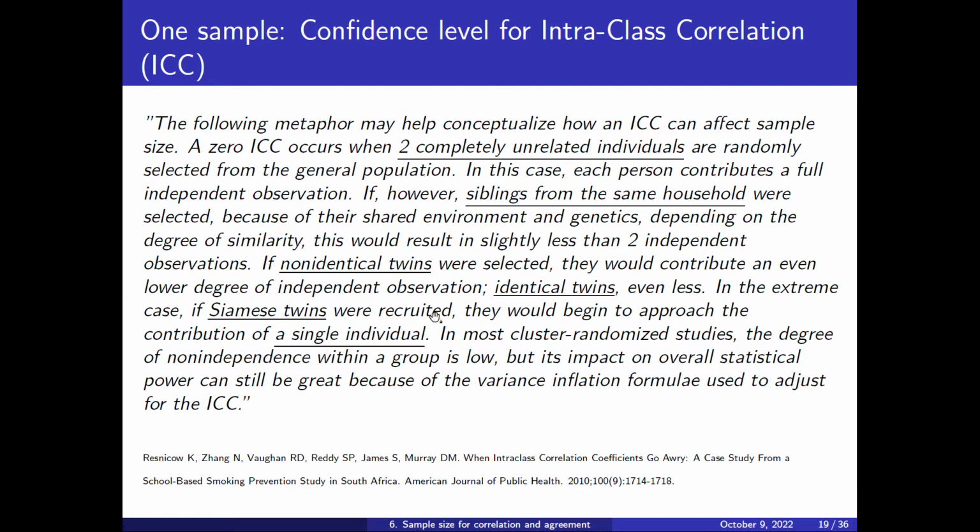And then you take two identical twins, so they are even less independent, and the intra-class correlation grows even more. And let's say that you take two Siamese twins. They share so much background, genetic background, education background, that they can even be thought of as a single individual.